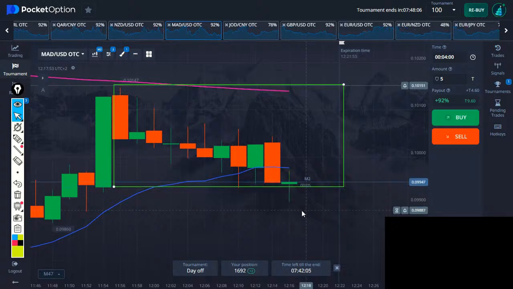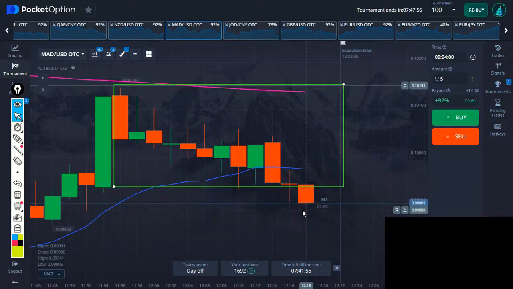Let's wait for the next one. Beautiful. That's it. It's retesting the zone. So let's wait.